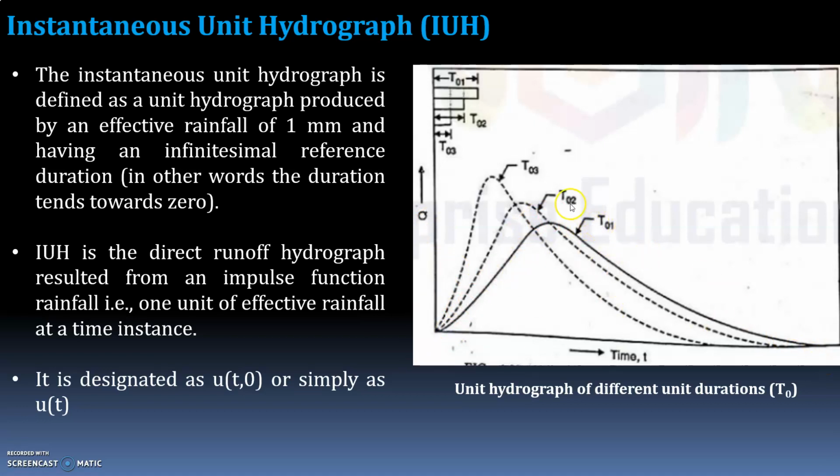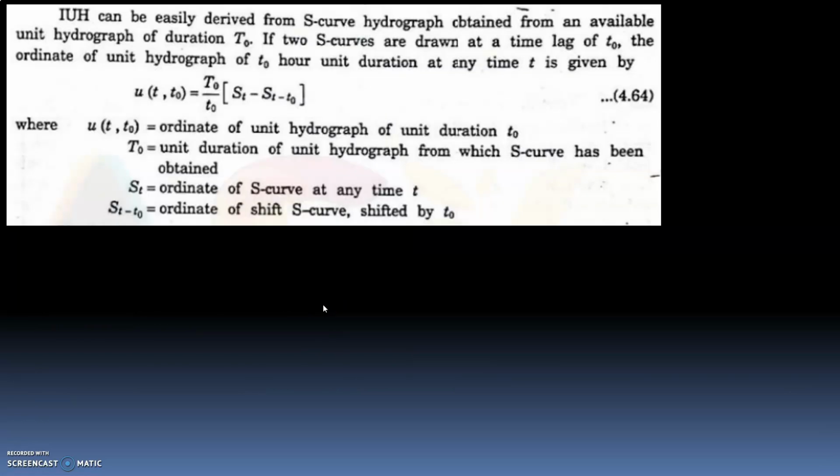This is for T1, T2 and T3. So this is nothing but a hydrograph produced by an effective rainfall of 1 mm and having an infinitely small reference duration. Now let us see how to find the instantaneous unit hydrograph.